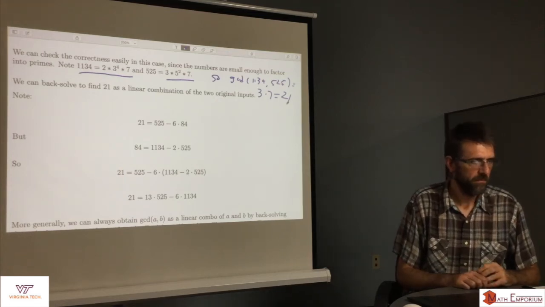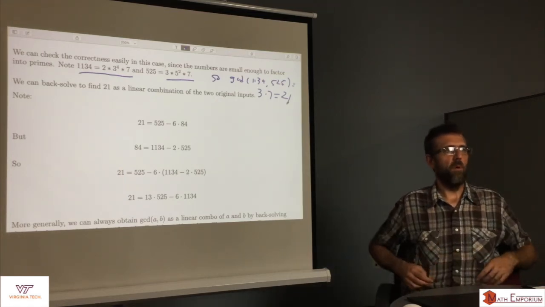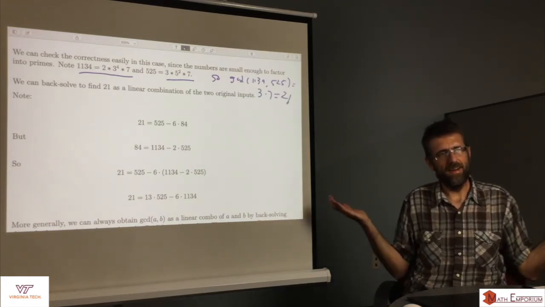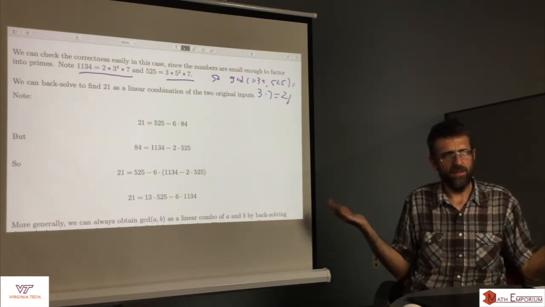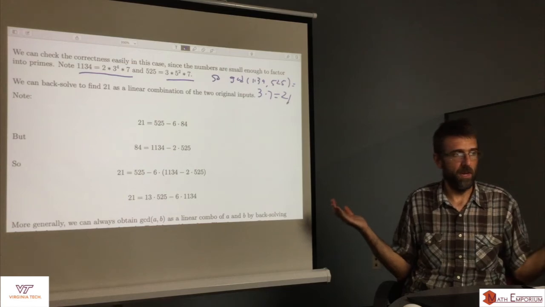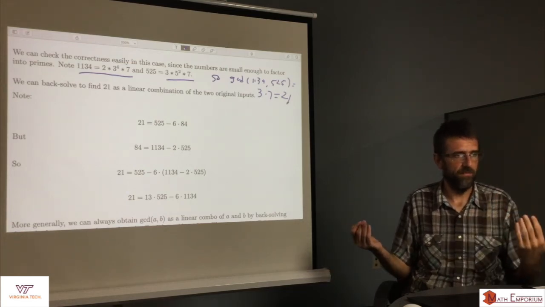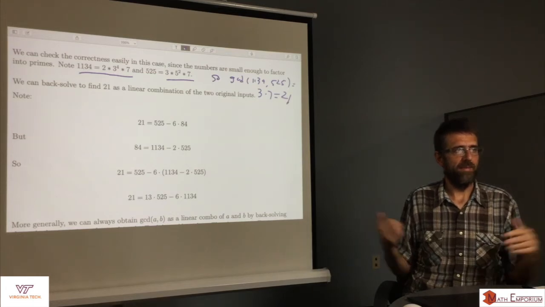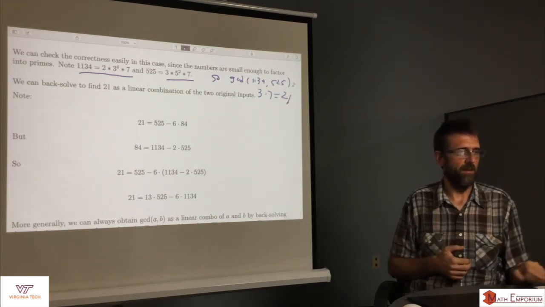All right, so we can find GCDs efficiently, but another issue that we talked about is we need to be able to find modular inverses when numbers are invertible. So how are we going to do that? We're going to apply something known as the extended Euclidean algorithm.